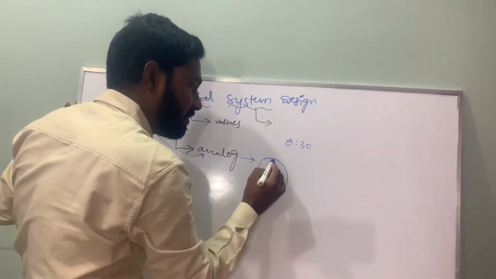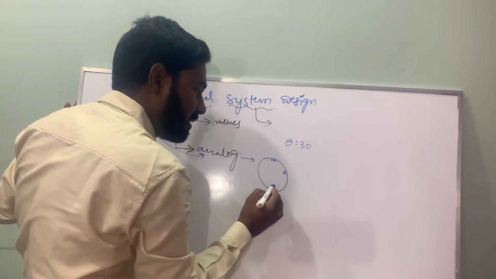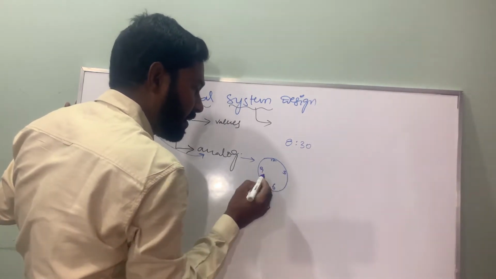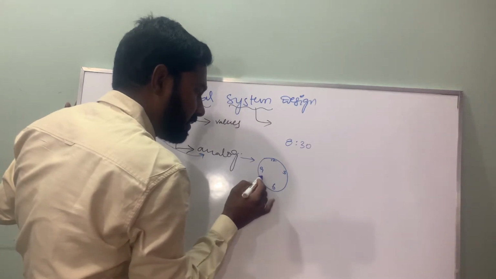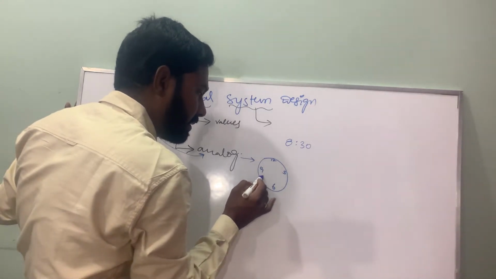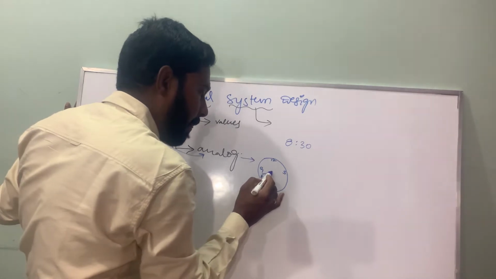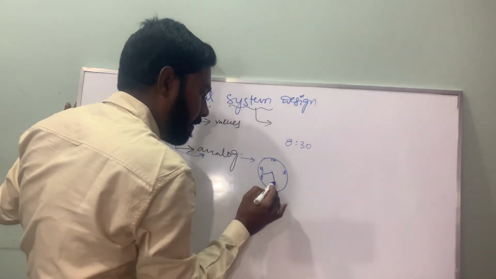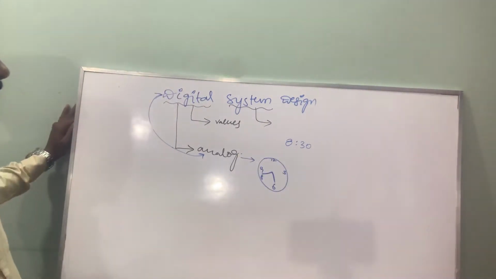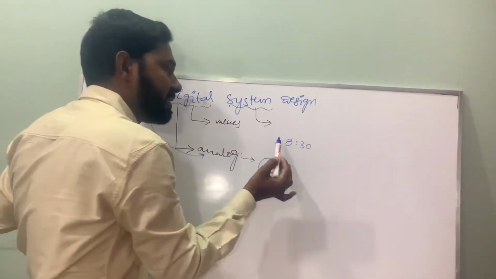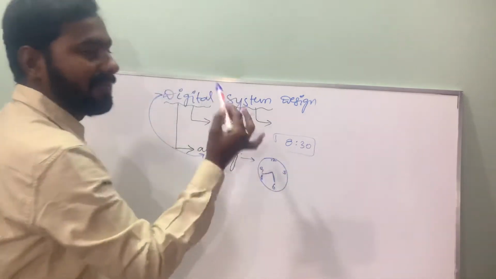It represents 12, 6, 8. 8:30 means the hands point to 8, so that is a representation of 8. The digital system specifies the exact values.